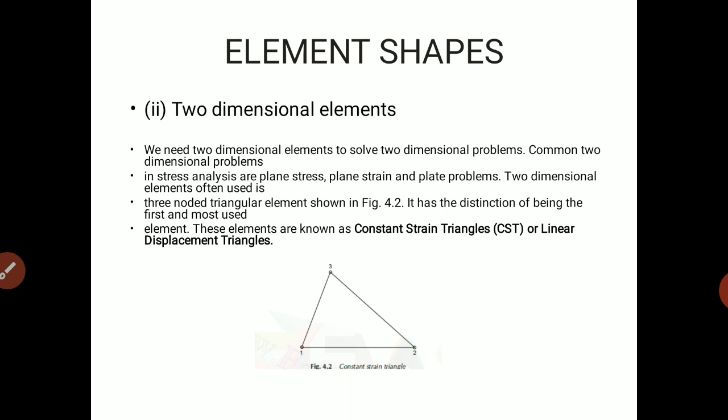Two-dimensional elements often used are the three-noded triangular element shown in the figure, which has the distinction of being the first and most used element. These elements are known as constant strain triangle, CST, or linear displacement triangle, LST. So constant strain triangles and linear displacement triangles are the mostly used two-dimensional elements.